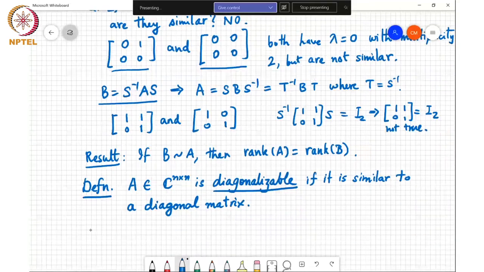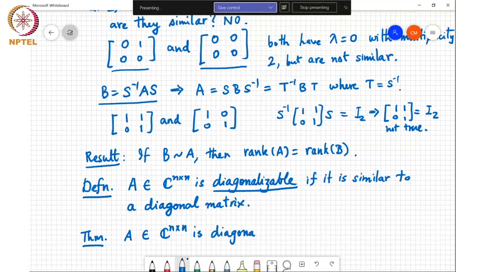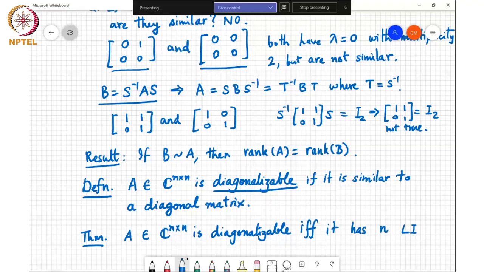So when is a matrix diagonalizable? We have the following result. A matrix A is diagonalizable if and only if it has n linearly independent eigenvectors.